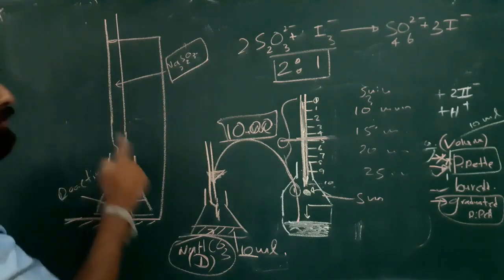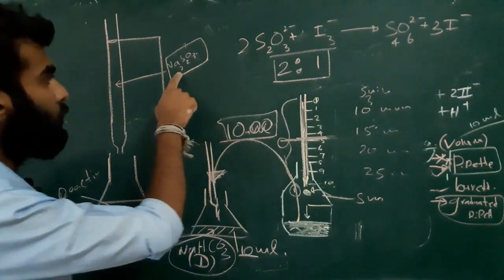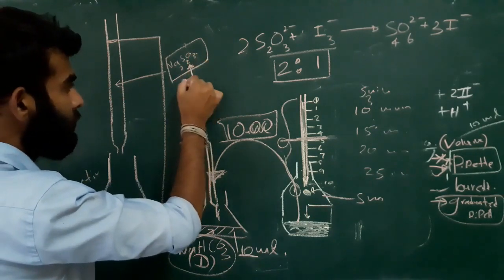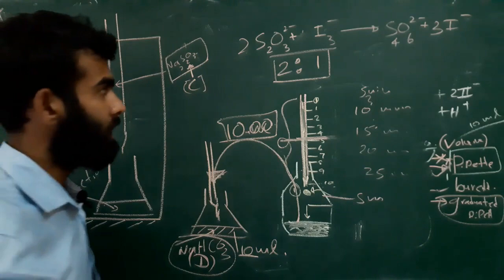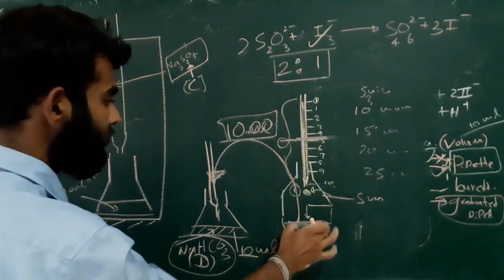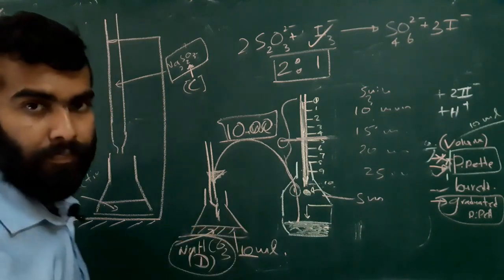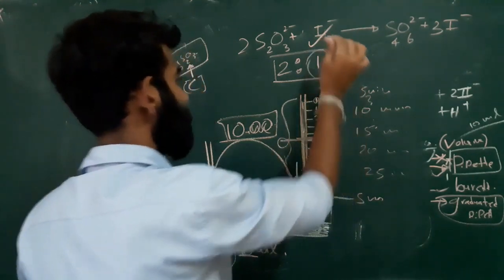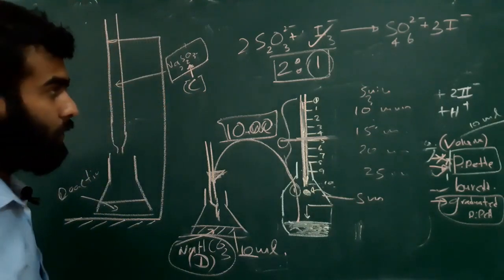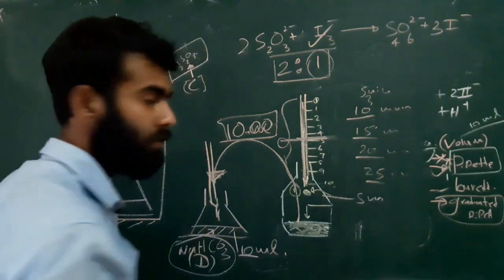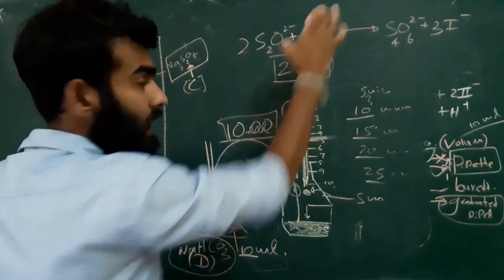From this titration you will know, they will be given the concentration of sodium thiosulfate. By using that you can calculate the amount of iodine remaining in this mixture after 5 minutes. Okay, you will get the iodine concentration. Likewise, after 10, 15, 20, 25 minutes you can calculate the remaining iodine concentration.